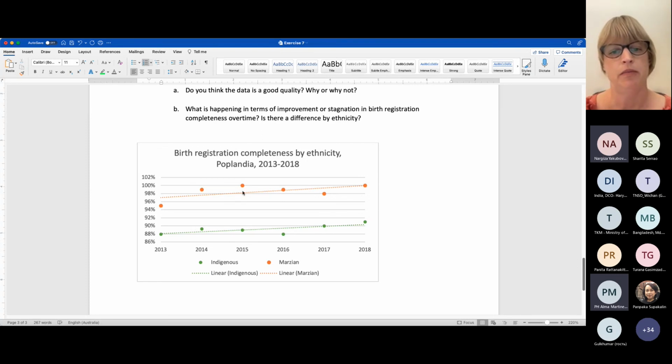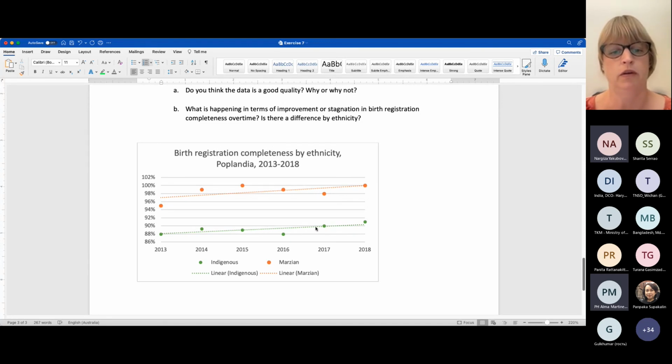That might not matter too much among the Marzians because they're very close to complete registration. But in terms of the Indigenous, we aren't seeing a lot of improvement, and so it looks like there's still some work that needs to be done for that particular population.